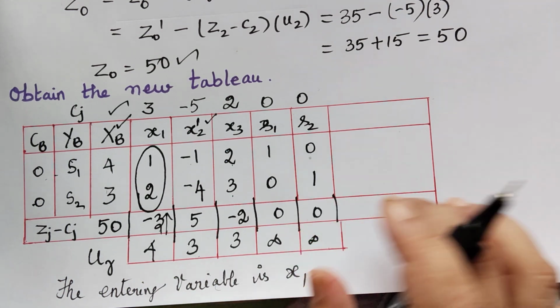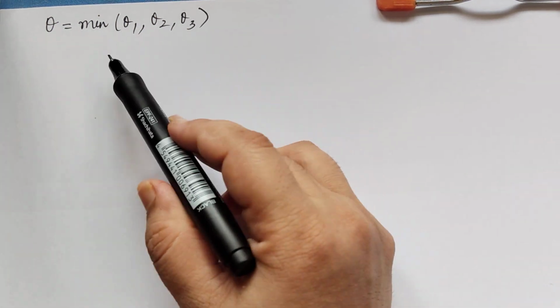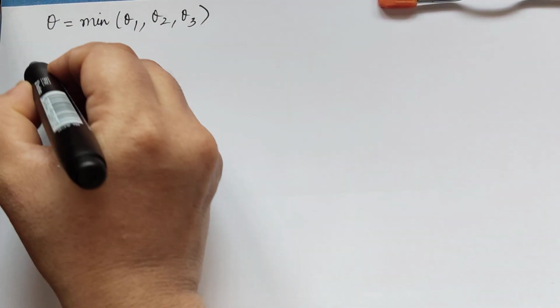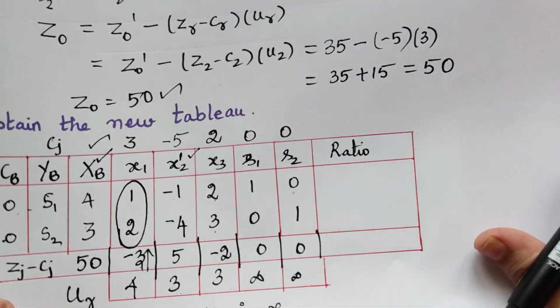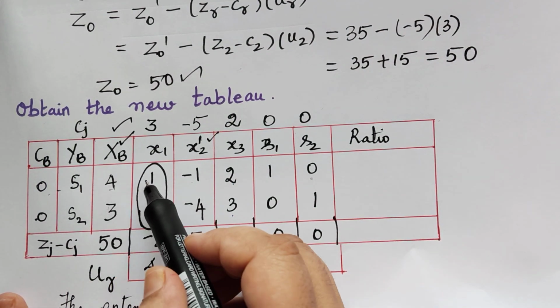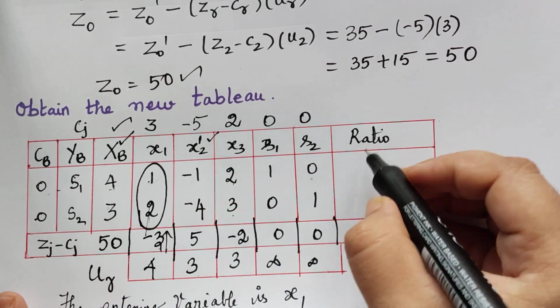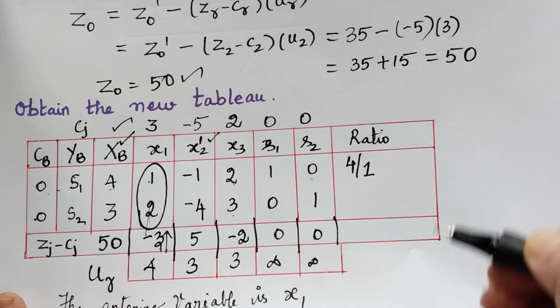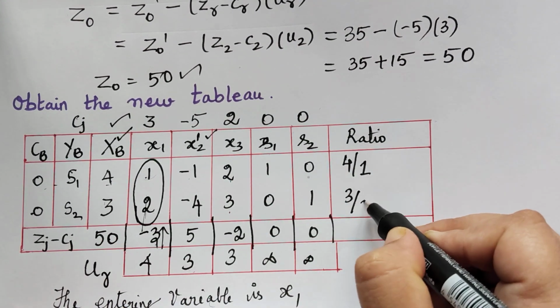Now we will find the leaving vector, for which we will find theta. We know that theta is the minimum of theta 1, theta 2, theta 3. Whereas theta 1 is what? It is the ratio that we usually find in the simplex method. That is, the vector xb divided by the element of the entering column: 4 divided by 1, and then 3 divided by 2.